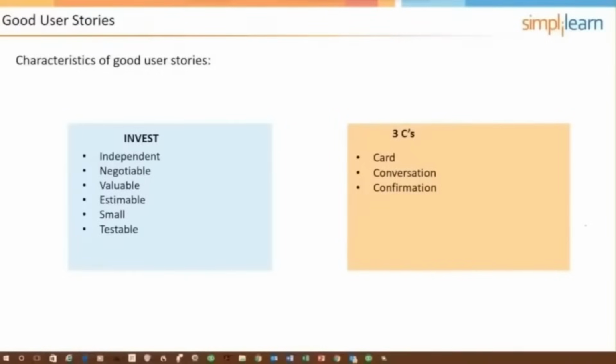Okay, so let's add that to the memorization list. 3 C's. All right, now I've got an example here of a user story card.